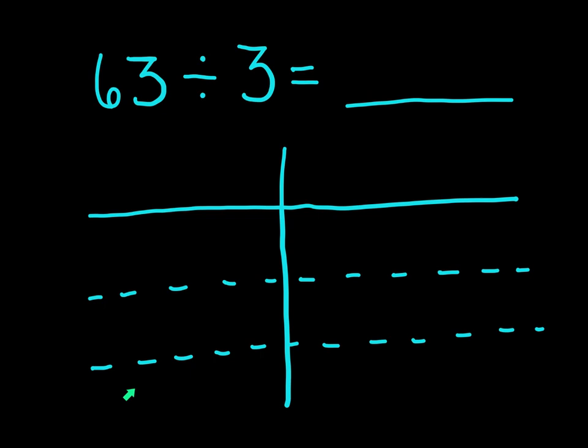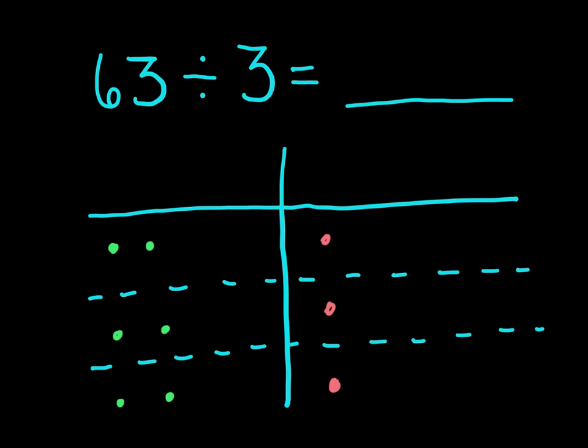So if we're going to split up, we have to go 1, 2, 3, 4, 5, 6 in our tens. And then we need to take our 3, because we have 3 ones in 63, and we're going to divide that up into 3 groups. 1, 2, 3.